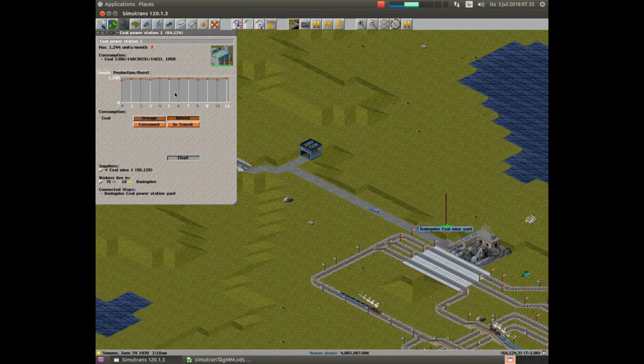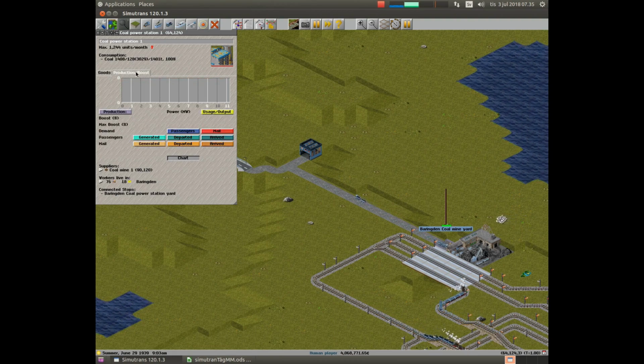There is also another thing we should take a look at in the statistics. There is one more feature here. Boosting. Yep, you can boost your industry and thereby utilize your stations and trucks and roads more.